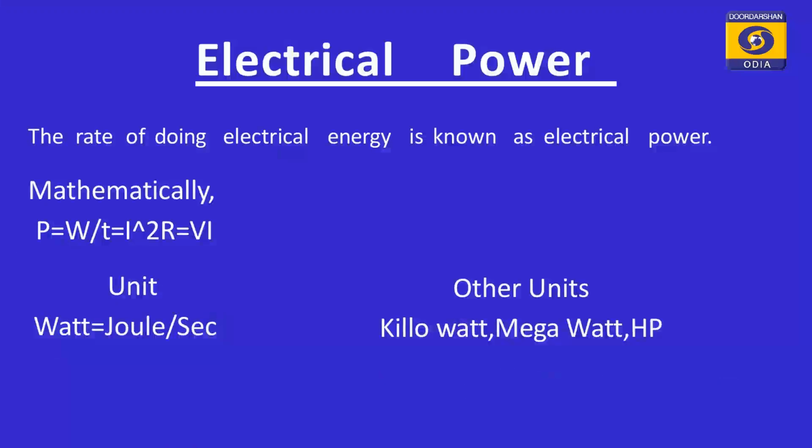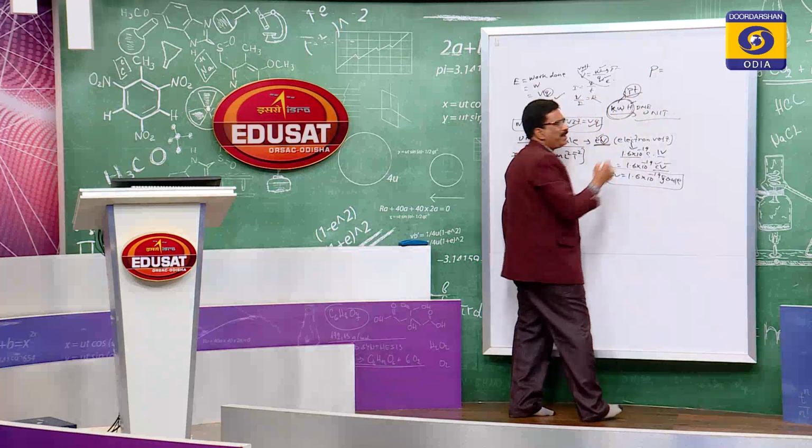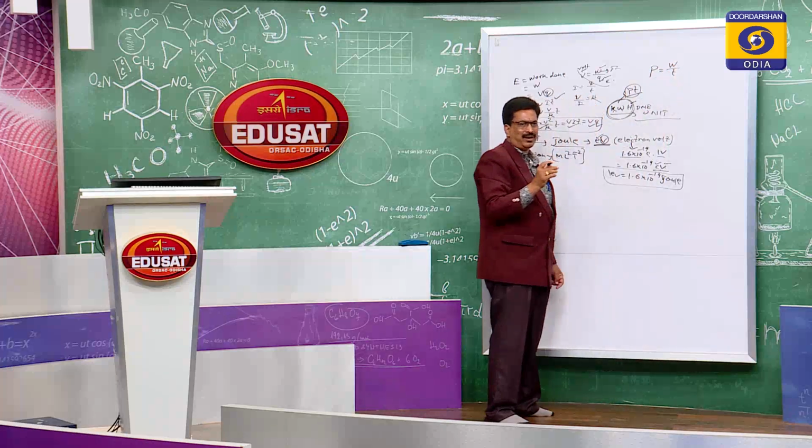Next we will go for the electrical power. Electrical power we generally denote as P. So P is equal to W by T, which is the fundamental formula.